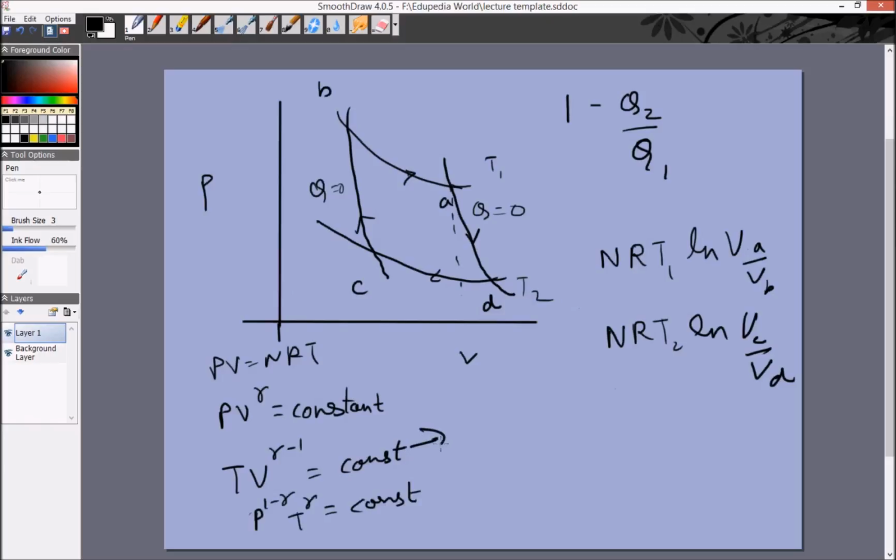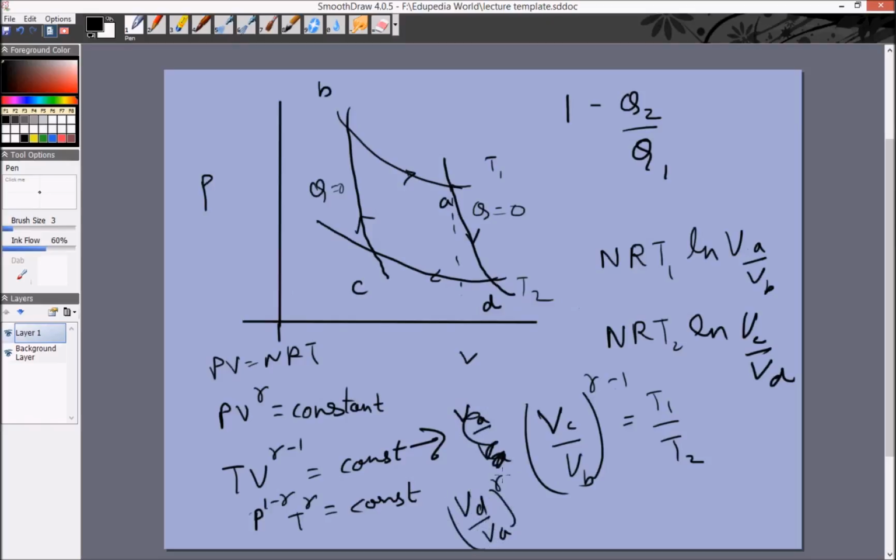So we look at this one. That means if you look at the adiabatic processes, VC by VB whole to the power gamma minus 1 is equal to T1 by T2. But also, if you look at this adiabat, VD by VA to the power gamma minus 1 is equal to T1 by T2.